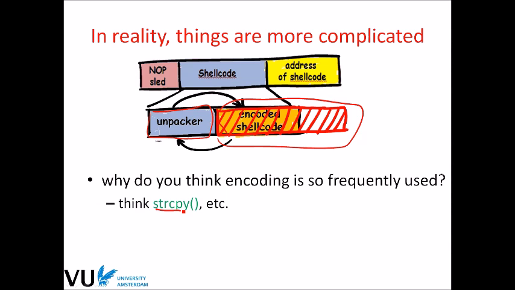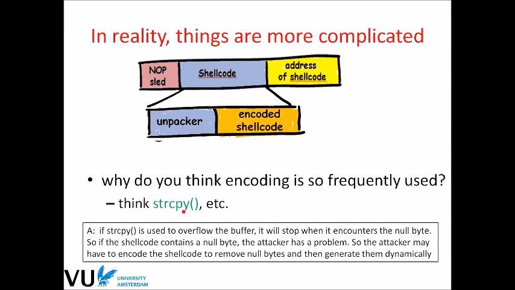So what happens if your shellcode also contains a null character? If your shellcode contains a null, we have a problem, because the shellcode will not be copied using strcpy. It will copy it until it encounters that null character. After that, it's game over.